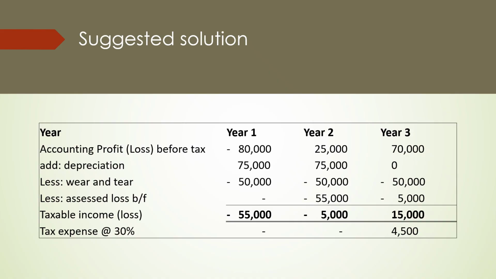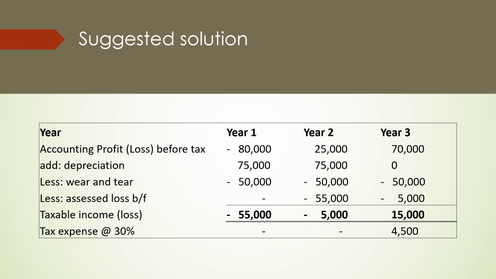50,000. To calculate our taxable income, we have to adjust the accounting profit or loss to the taxable profit or loss. Thus, in year 1, we start with our accounting loss before tax, which was 80,000. And then we add back depreciation of 75,000 and deduct the wear and tear allowance of 50,000.